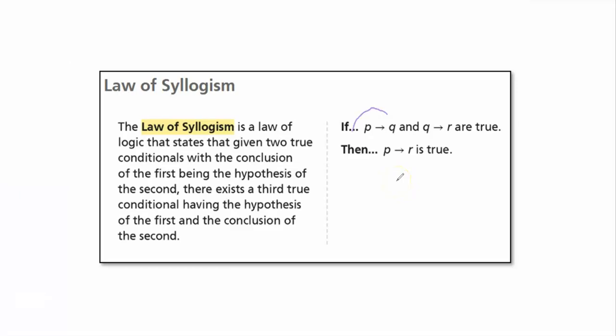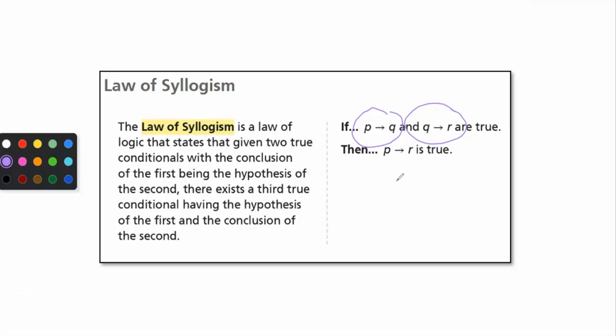You've got one statement right there, P to Q, and then they use different letters just to signify a different statement, but it's Q to R. And both of those are true. If you notice the pattern here, the conclusion of the first one is the same as the hypothesis of the second one.